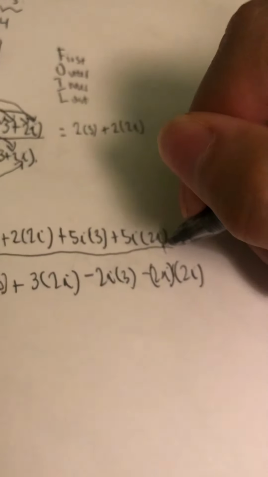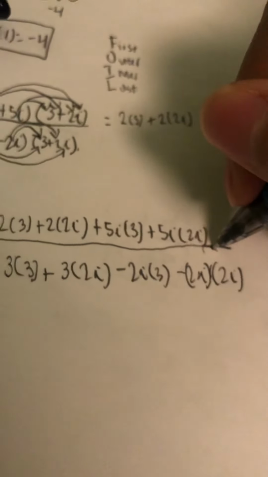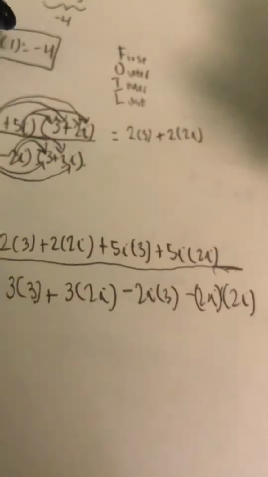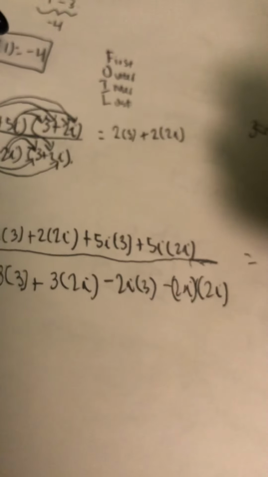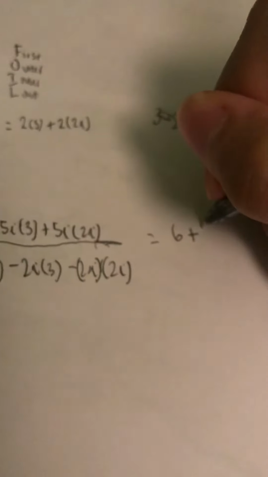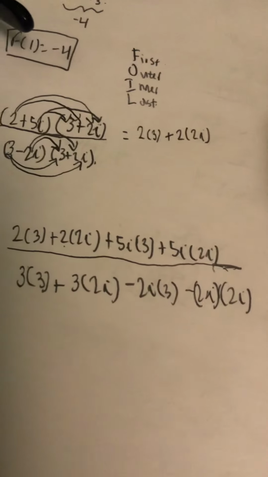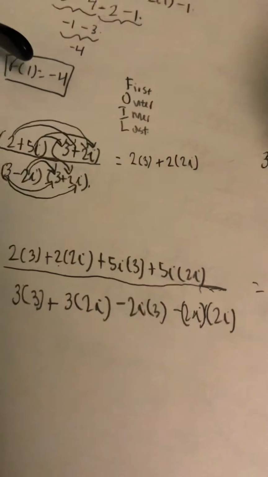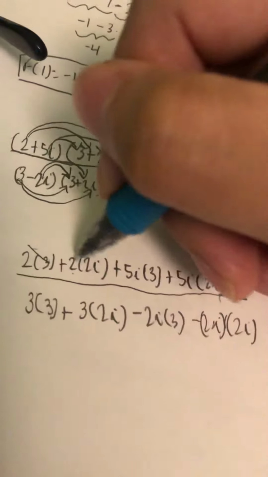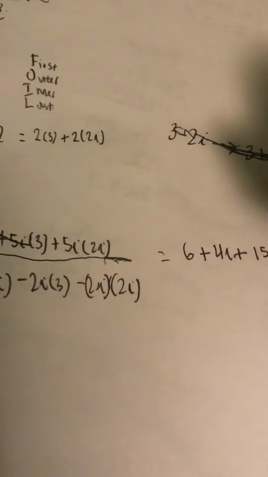Right? So now it's a matter of simplifying, and I know this one's kind of taking a little long, but this is usually how it is. So we have 2 times 3, that's 6, and then plus 2 times 2i is 4i, and then plus 5i times 3 is 15i, and then 5i times 2i is 10i squared.